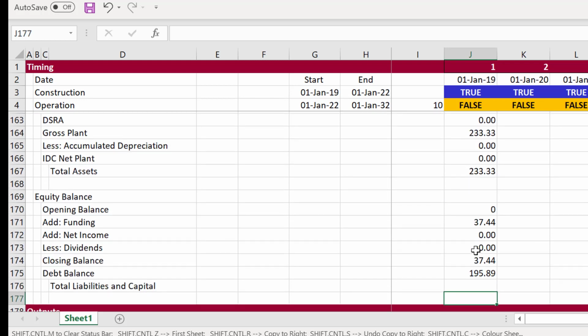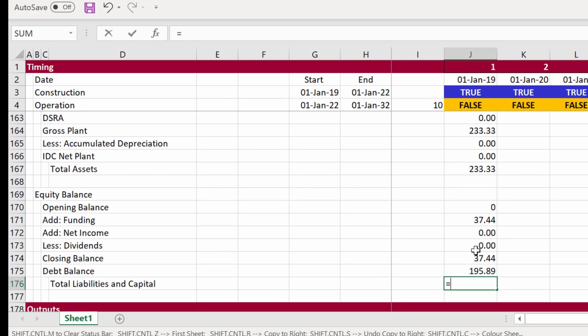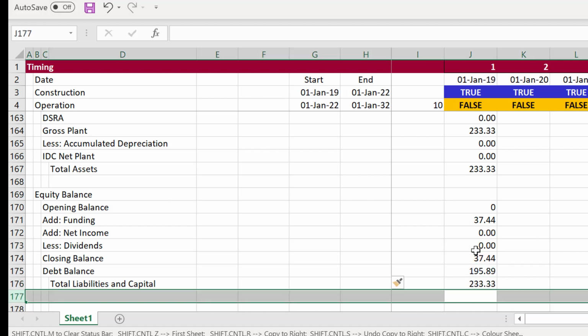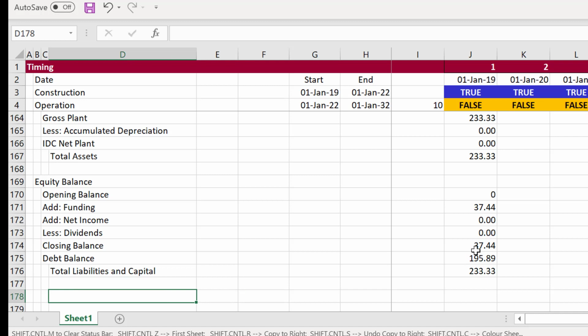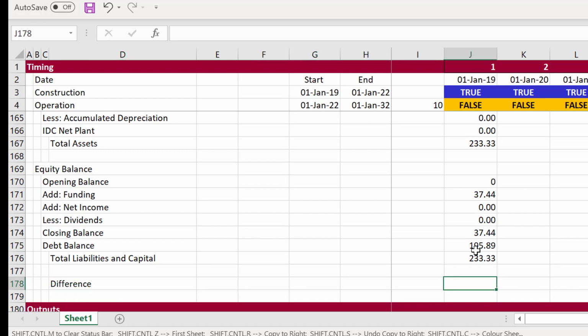Okay, and the debt plus the equity hopefully is the same. Oh, that's so cool. And then we put our difference in here, okay? This minus this.